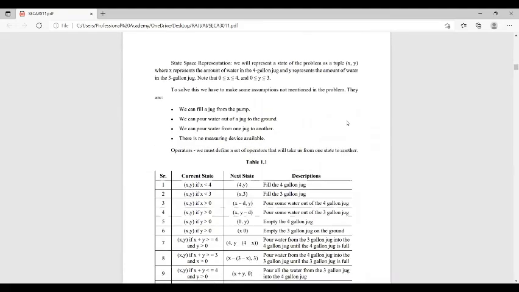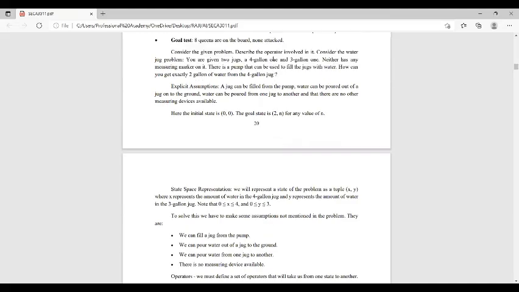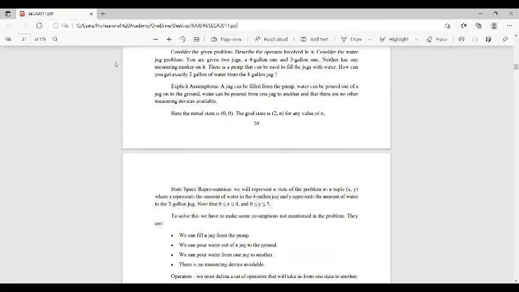So this is one example of a problem-solving method using search terminology. The problem is the water jug problem. Two jugs are given.